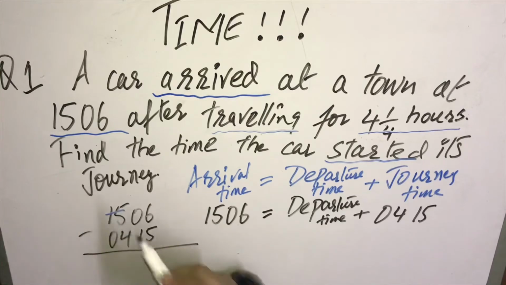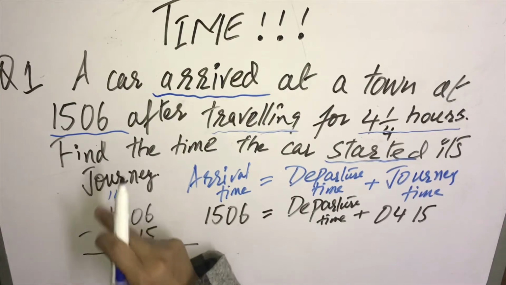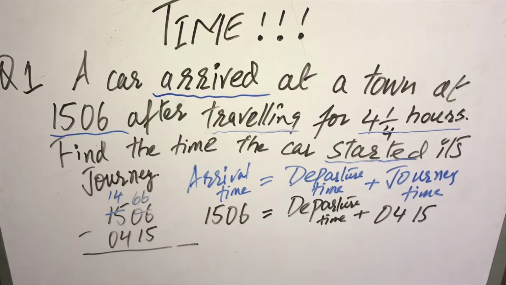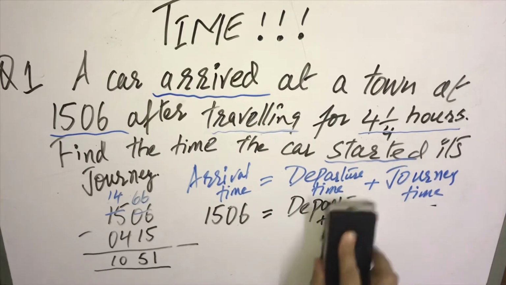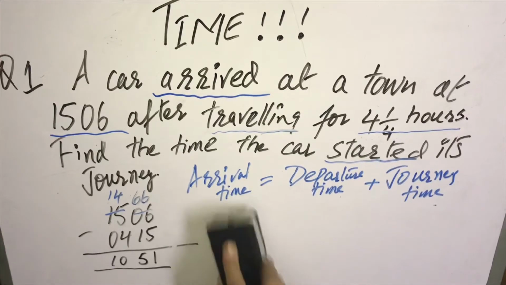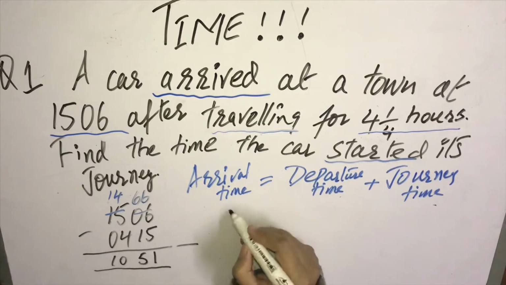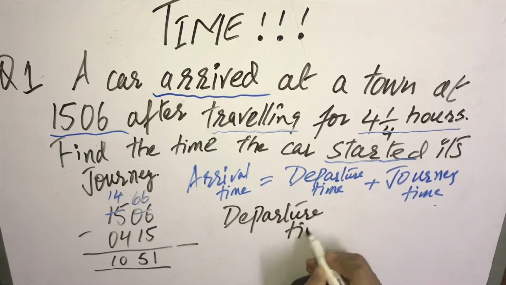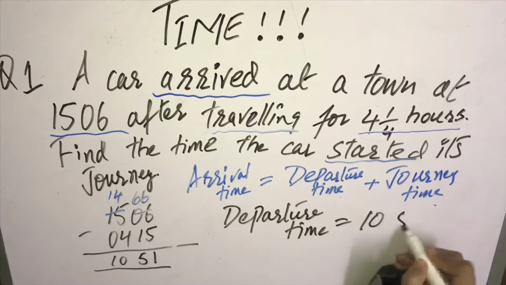I shall take 1 hour from here and add 60 minutes to it. It will be 66. When I subtract, 6 minus 5 is 1. 6 minus 1 is 5. 14 minus 4 is 10. So my departure time, when the car started its journey, is 10:51.